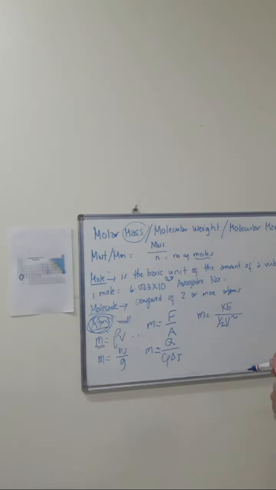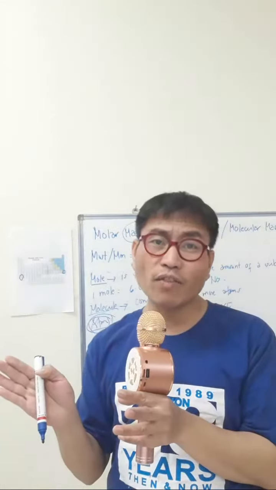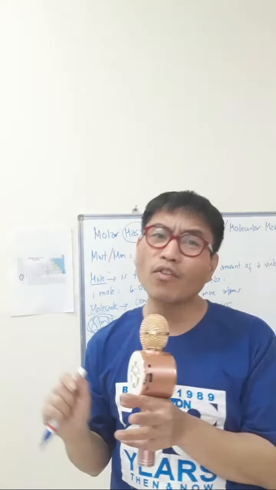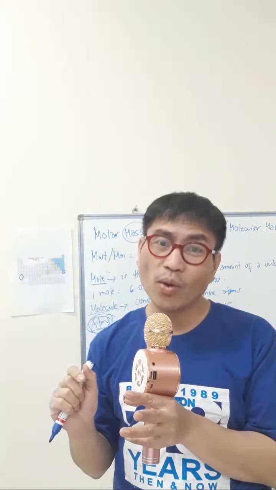And then also mass is equal to potential energy over the acceleration due to gravity times the height. So there are 6 basic common formulas of the mass. And there's also another one from Albert Einstein's theory of relativity.